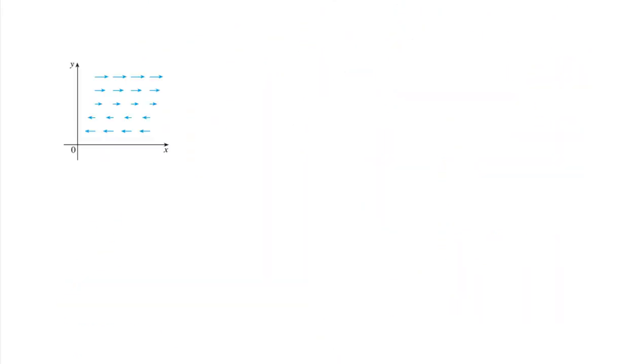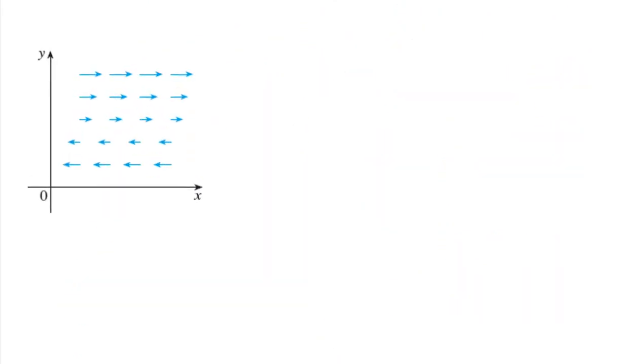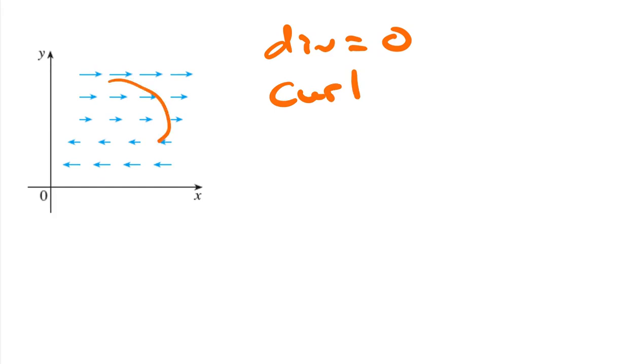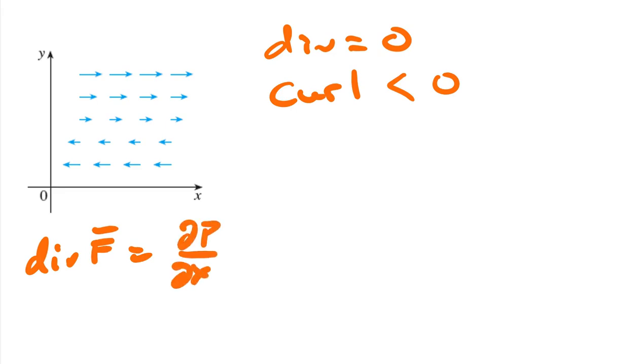All right. Now let's look at this one. It looks like the divergence is going to be 0, and the curl, I'm betting that since the circulation is going like this, the curl is going to be less than 0. Let's check. So the divergence of f is partial p with respect to x plus partial q with respect to y.